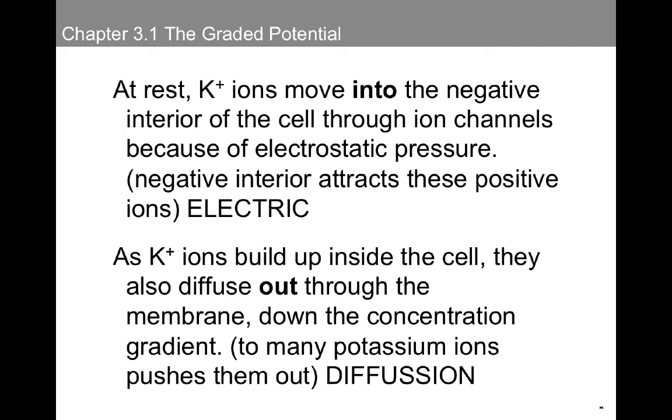So there's such a dense population of potassium in the intracellular space. At some point, the potassium doesn't want to deal with the crowd. It wants to actually go to the more positively charged extracellular space where it has a lower concentration of potassium.